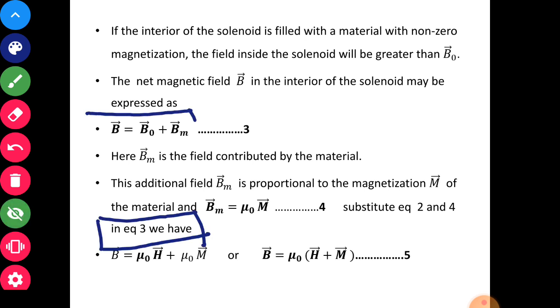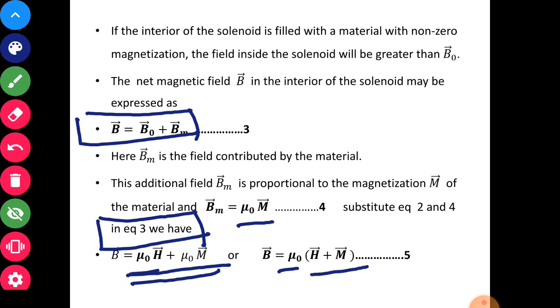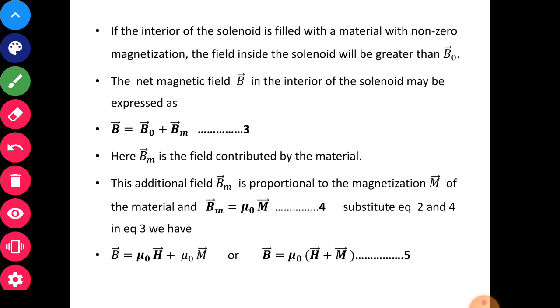So instead of B0 we write mu 0 H, and instead of Bm we write mu 0 m. So in this equation mu 0 can be taken common, so it becomes B is equal to mu 0 times H plus m. This is our fifth equation. Very easy derivation it is.